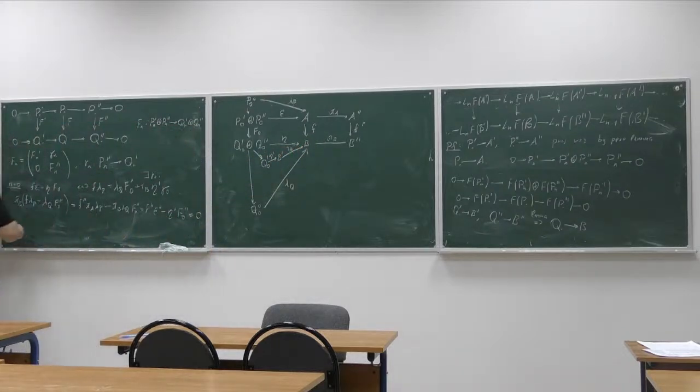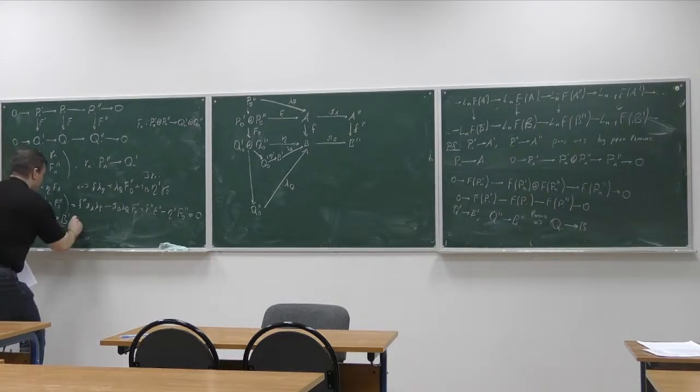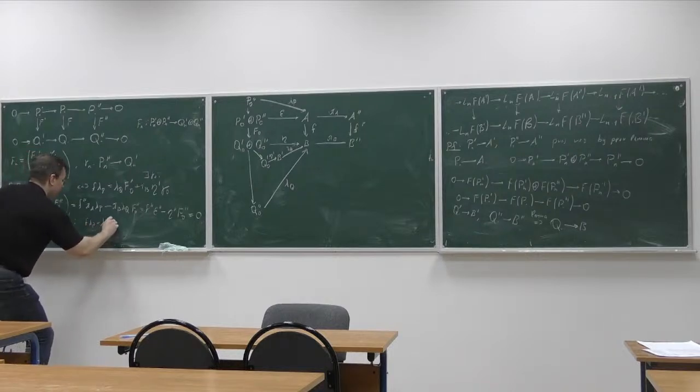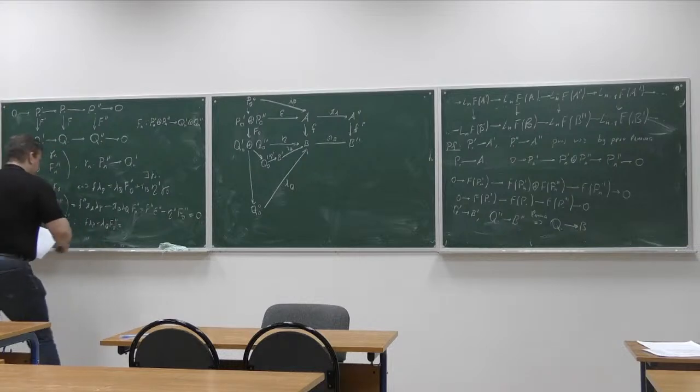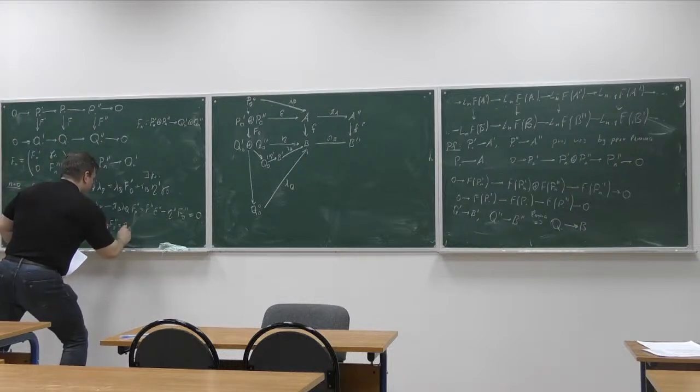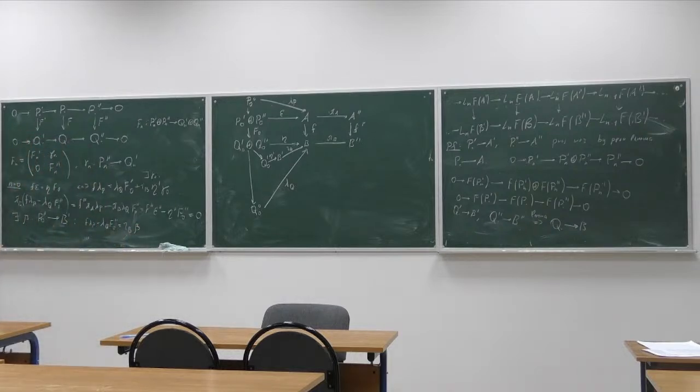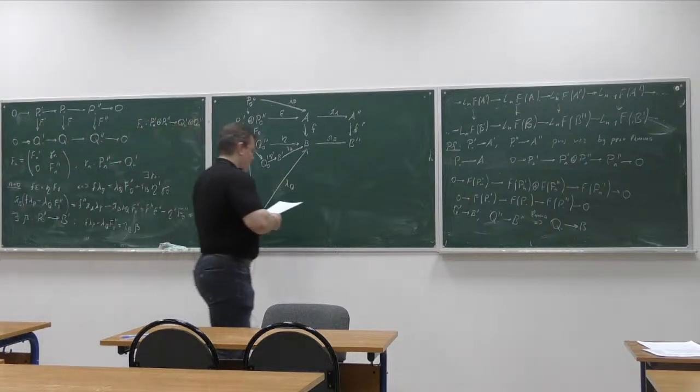So this is a map to the b prime. Hence I can say that there is a map, let's call it temporarily beta, from the p0 double prime to the b prime, such that this map that I consider, f lambda p minus lambda q f0 double prime, is in fact the composition of the inclusion i b and beta. Okay, so this is the existence of this beta.